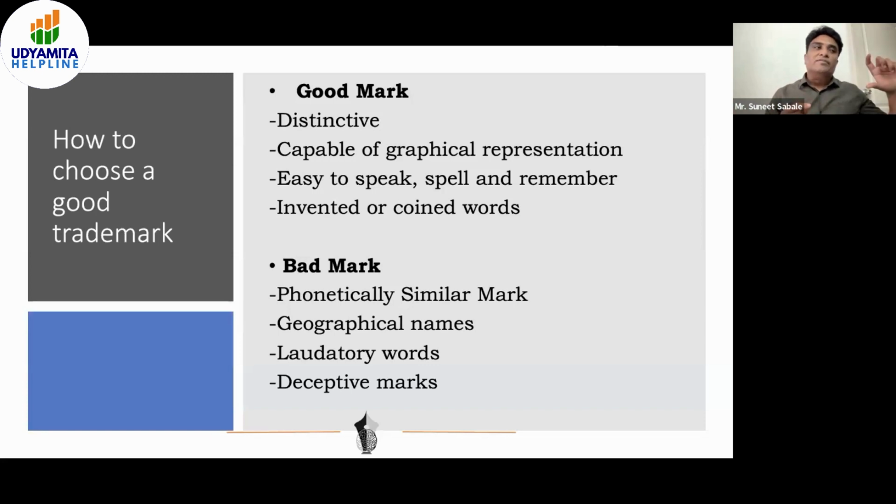For example, some products are well known for the geography. Specifically in Pune, we have Puneri Pagadi, Kolhapur Misal, and then there are many things. So you cannot use a geographical name. You will not get protection. Some people have the idea of using Bharat, India in their names.